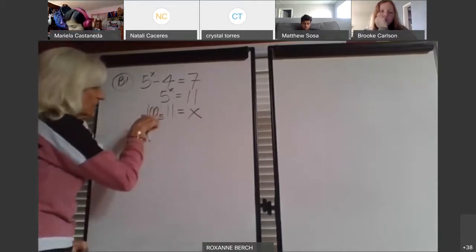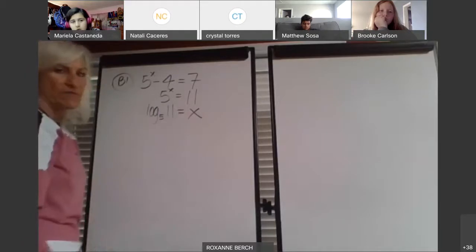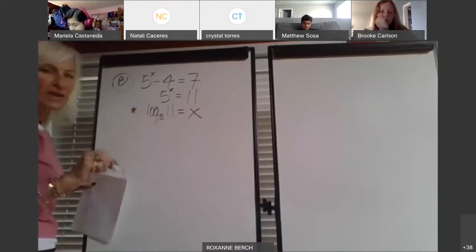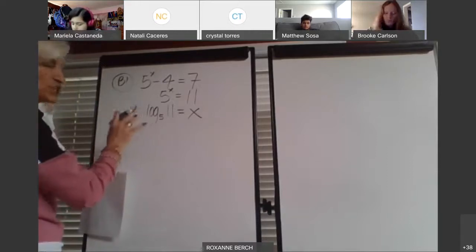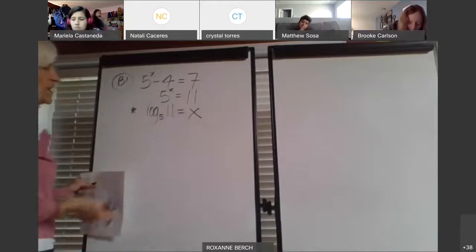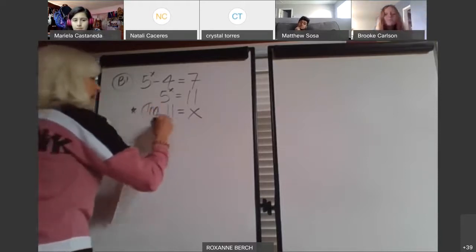So remember, the base of the logarithm is the base of the exponent. Remember the definition? So once again, this is where students get confused because they don't know the definition. So this is the definition of logarithmic form and exponential form. So there you go. This would be an exact answer.